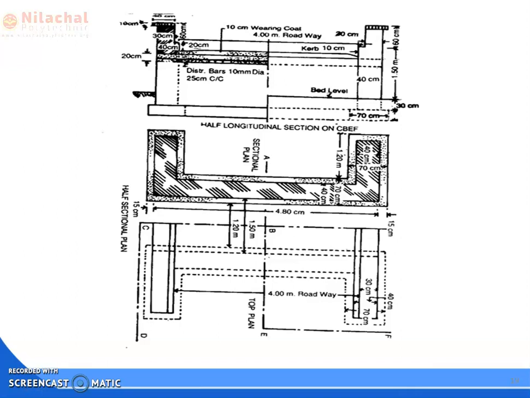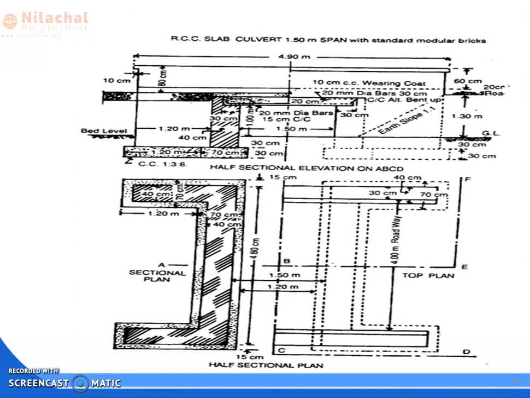Then we go into the breadth part. How can we define the breadth of the road? The breadth of the road is equal to the bearing course breadth. We find the breadth of the road from the half sectional elevation, because the road lies on the abutment.